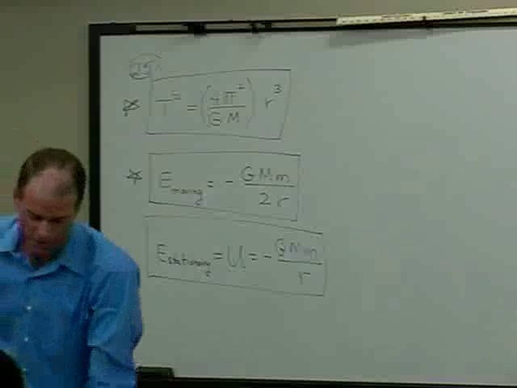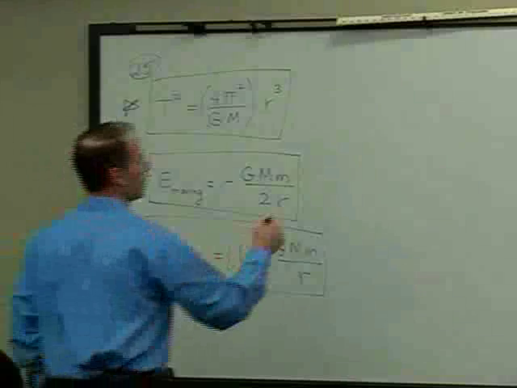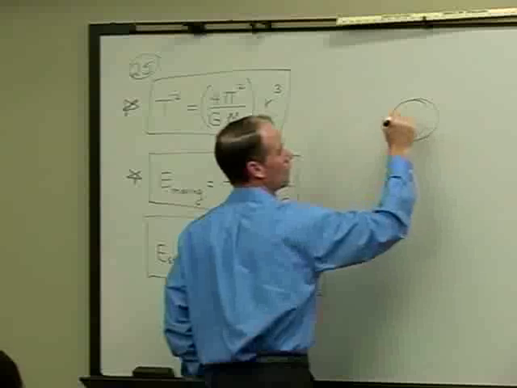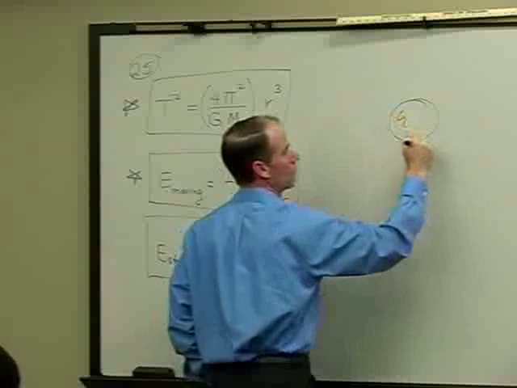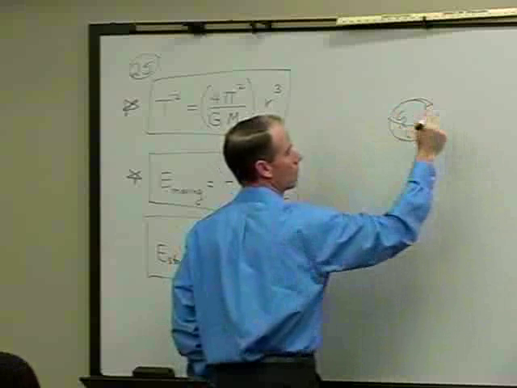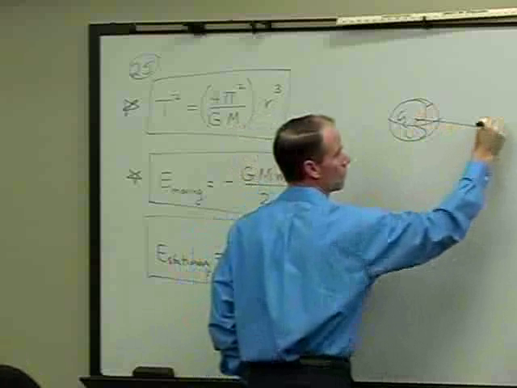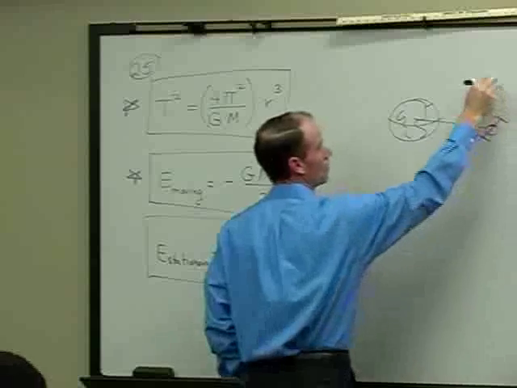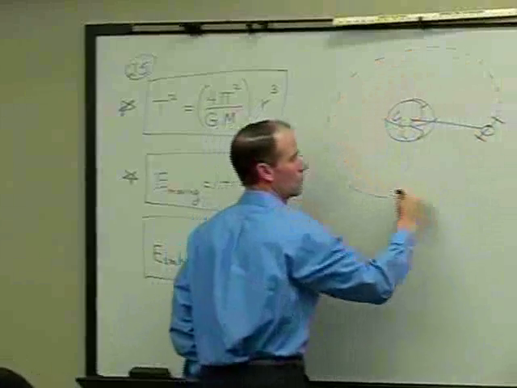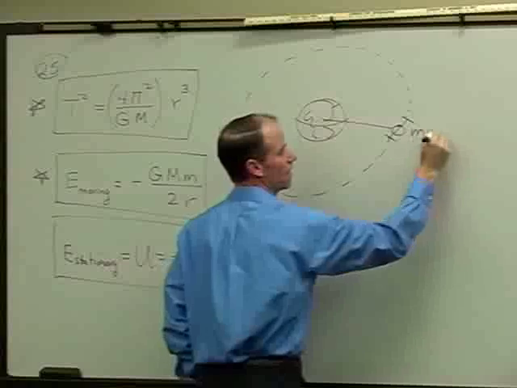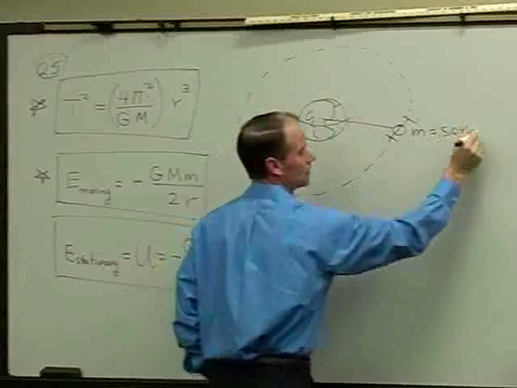So we have a 50-kilogram satellite circling the Earth. Mass of the satellite is 50 kilograms.